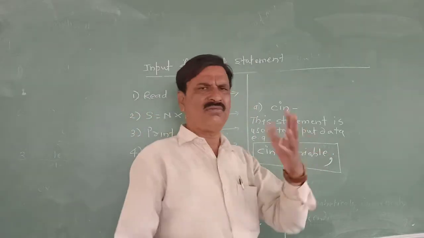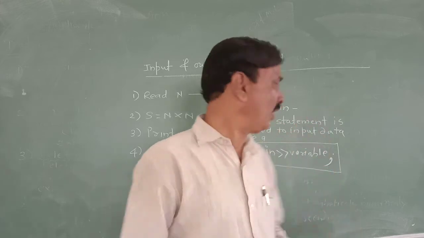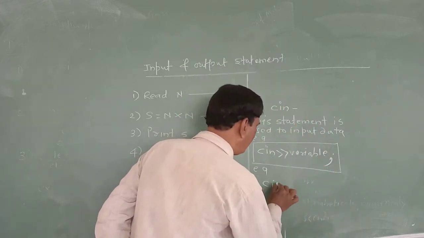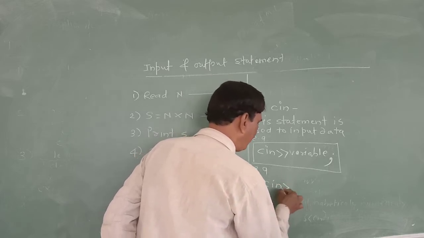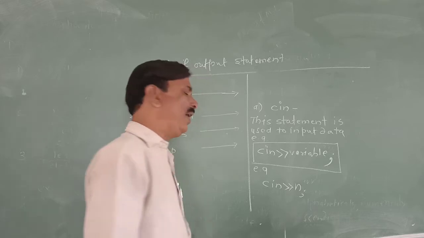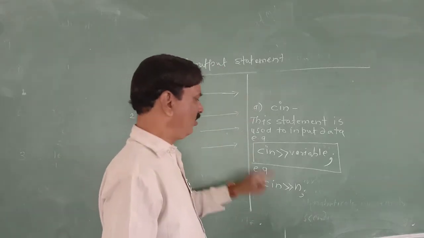And the variable, we know that we declare a variable, is the name given to the data. Example: Cin greater than n, where n is the variable. So this is the input statement.